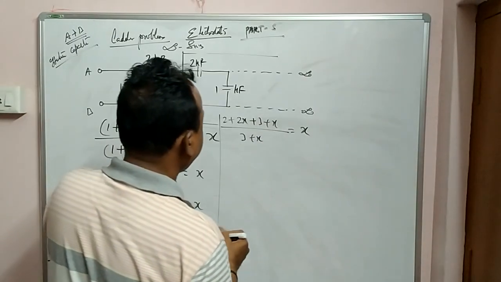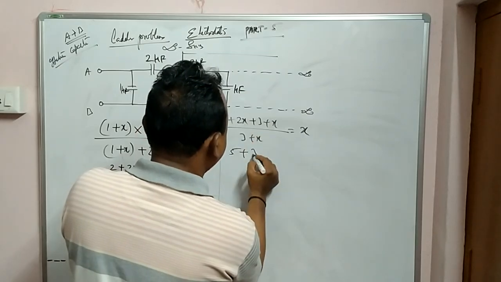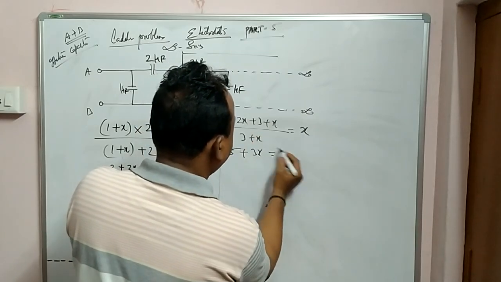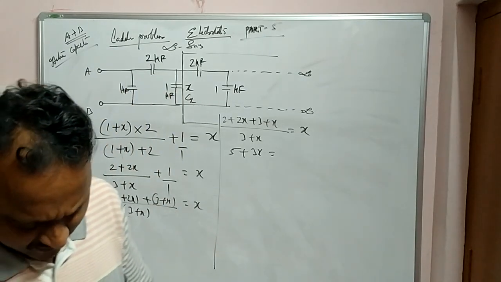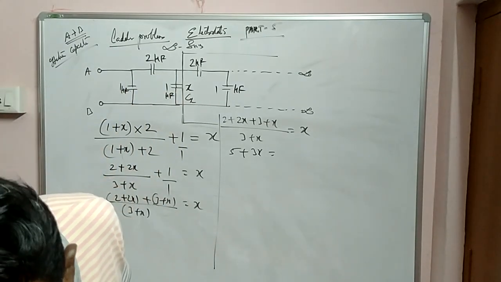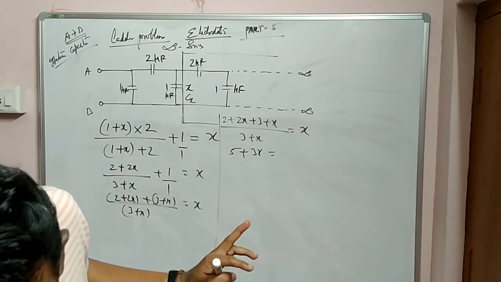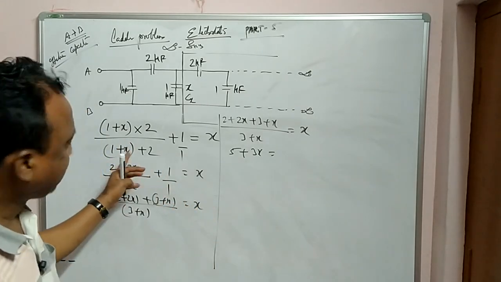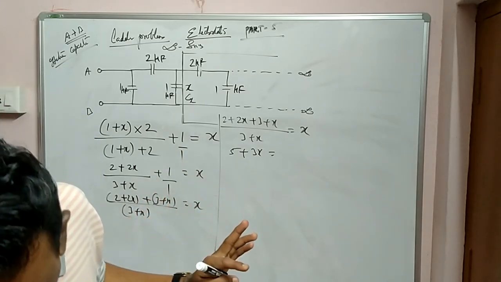What value came on top? 2 plus 3 is 5, 2x plus x is 3x, and this one how much? Same thing you are getting again. Same value you are getting. 1 plus x into 2 by 1 plus x plus 2 plus 1 is equal to x.